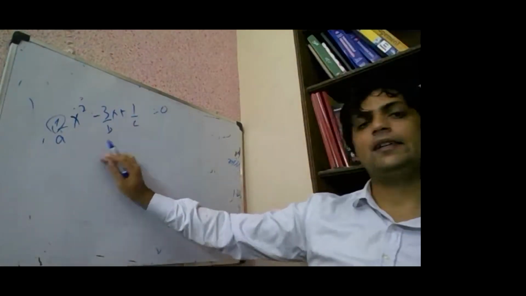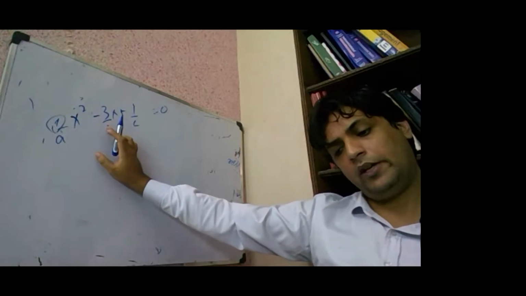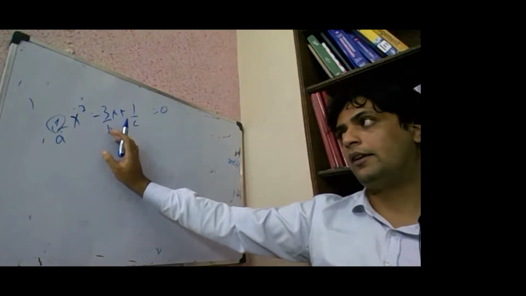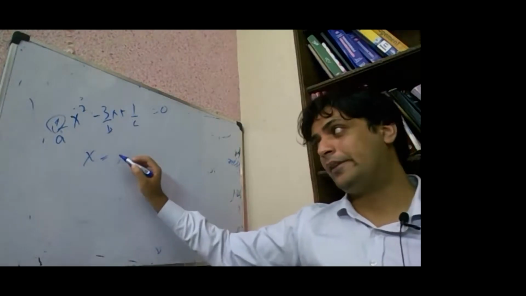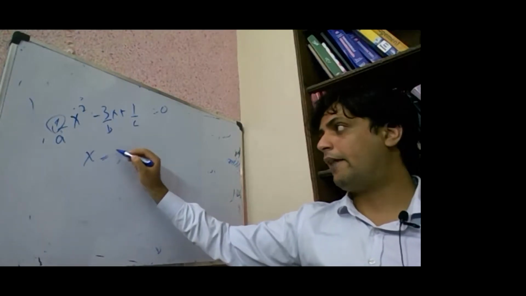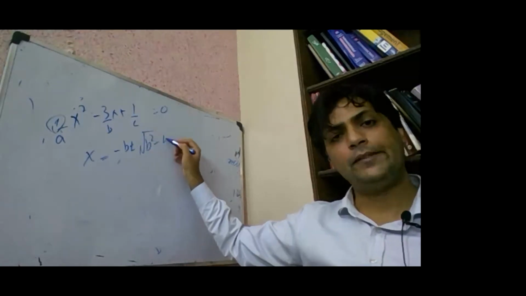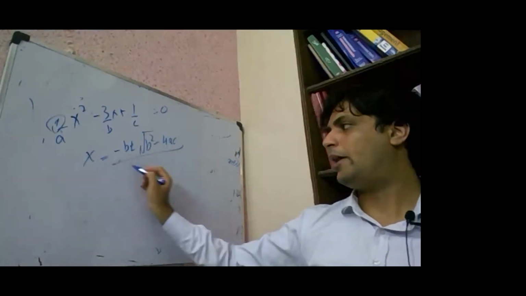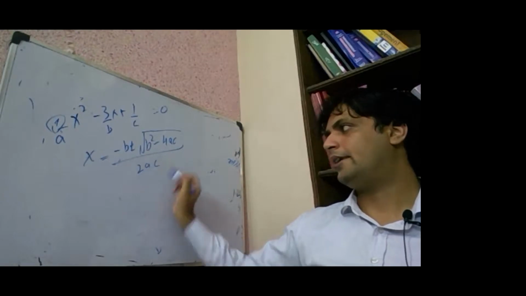So in this case, we cannot divide the function into such a way that we can get two roots. So here we can use the formula which I told you a bit earlier: x equals minus b plus minus the square root of b squared minus 4ac, over 2a.